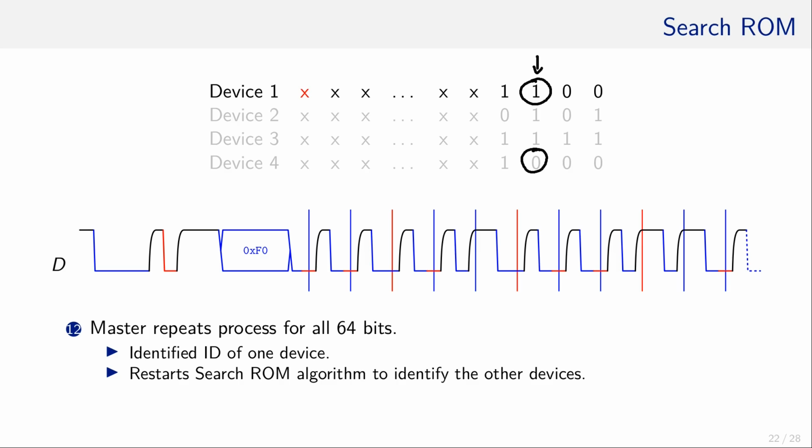Alternatively, the master can decide differently at this position and go through the branch identifying device 2 and 3 in this iteration. To identify all devices, in total 4 iterations of the search ROM command are required.